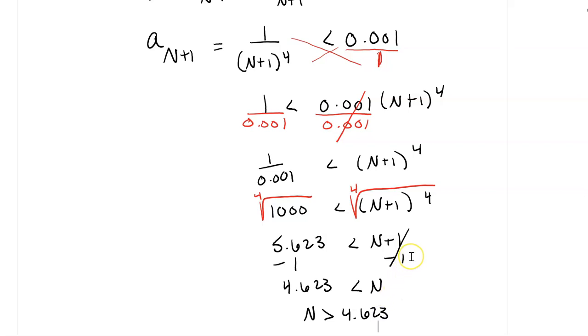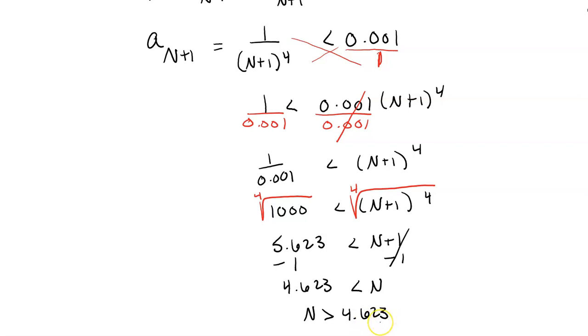Now we know that n has to be an integer because we're looking at a series, and so we don't use any non-natural number or non-whole number numbers for our input. So you just always want to round this up no matter what the decimal point.